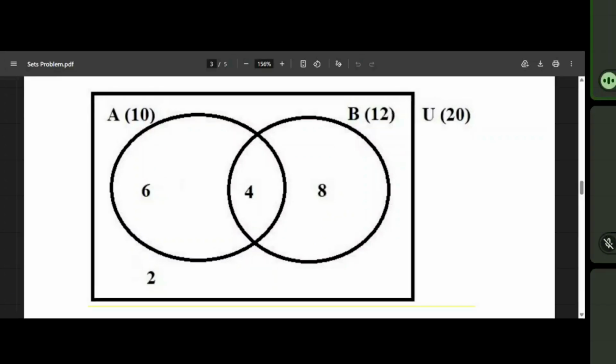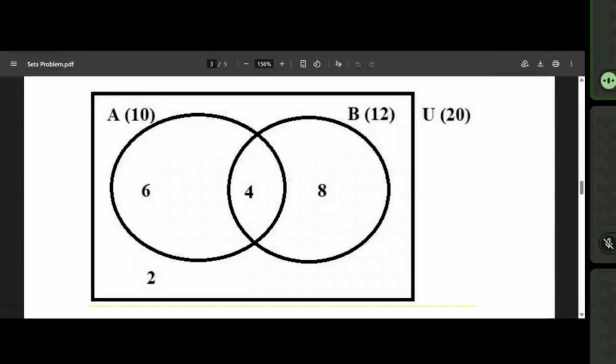And when we get to B, the 8 involves those who have only hypertension. They don't have diabetes. They have only hypertension, or exactly hypertension. So they are 8.